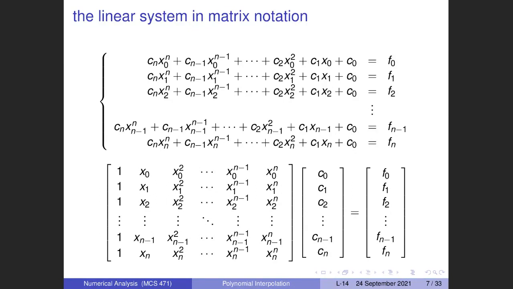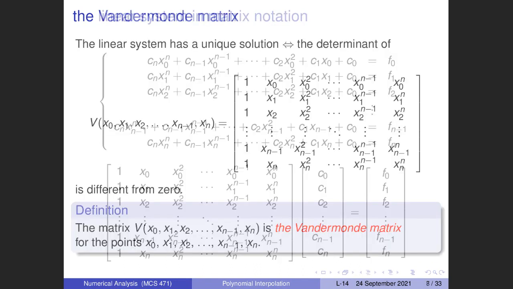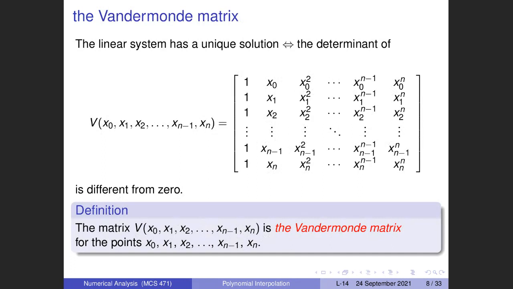We have to still show that under the condition of different interpolation points, we actually have a unique solution. So this is a mathematical part. How do we prove that a system has a unique solution? Well, it all depends on its coefficient matrix.